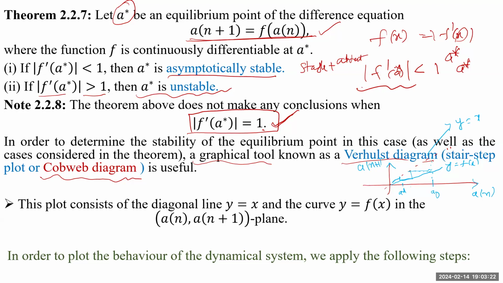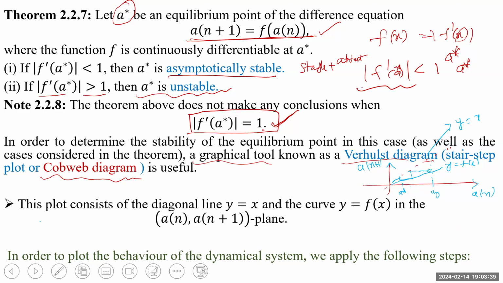What happened? If this approaches A star, then we can say that it is stable. If it moves far from A star, we can say that it is an unstable point.